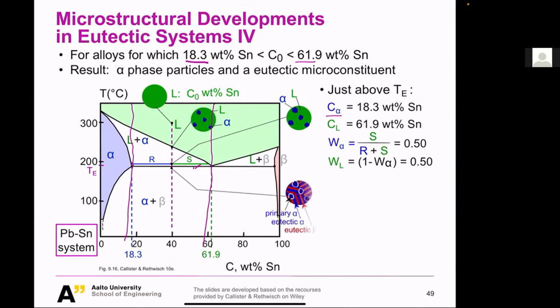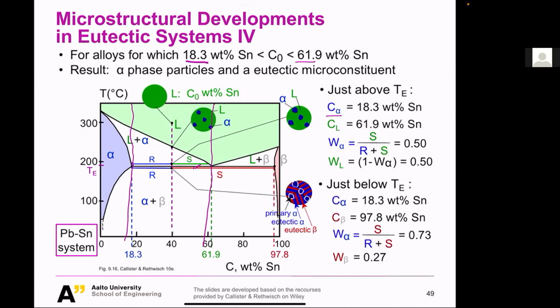But if you just go right below the eutectic point, because now you are starting the eutectic reaction, suddenly your microstructure is doing some magic. Because when you enter the eutectic reaction, you already have the alpha. So remember these alpha grains, and they will stay the same.